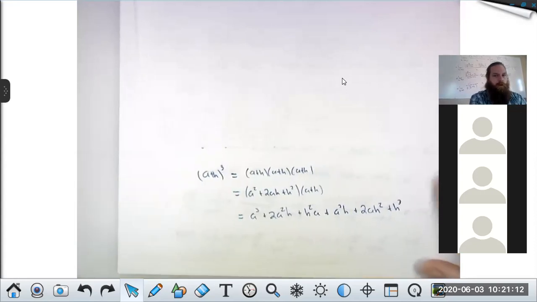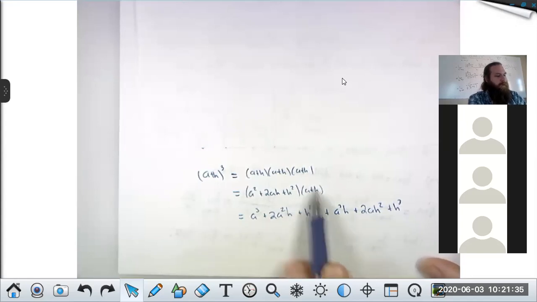Okay, so this is the process for distributing everything out. First, I multiply these two to get this. Then I distribute my a: a times a squared is a cubed, a times 2ah is 2a squared h, a times h squared is h squared a. Then I distribute the h to everybody: h times a squared is a squared h, h times 2ah is 2ah squared, h times h squared is h cubed.